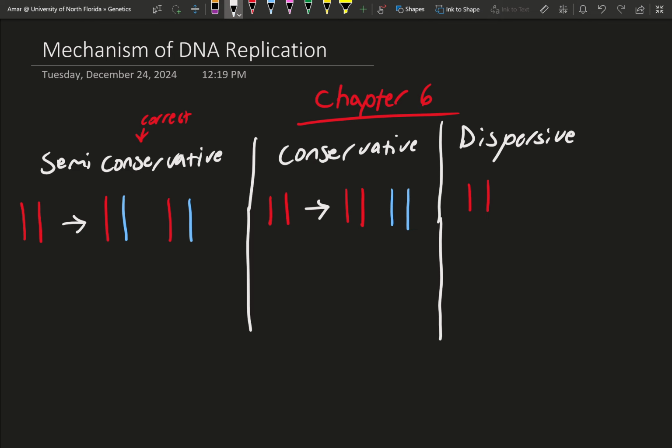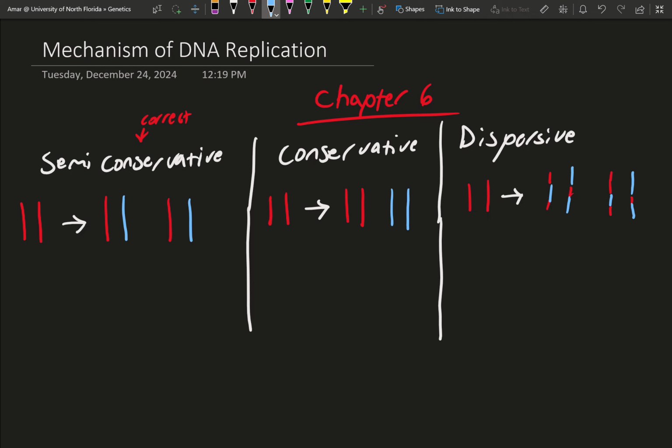Dispersive, on the other hand, is essentially you're getting a mix of newly synthesized and original parental strand in the same chromosome. So it could be something like this. That's what dispersive is.